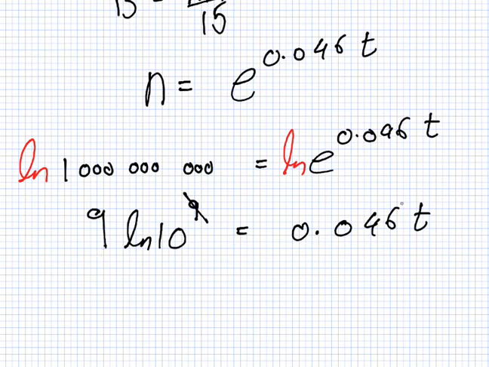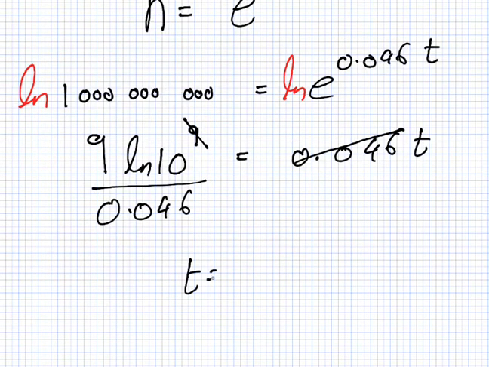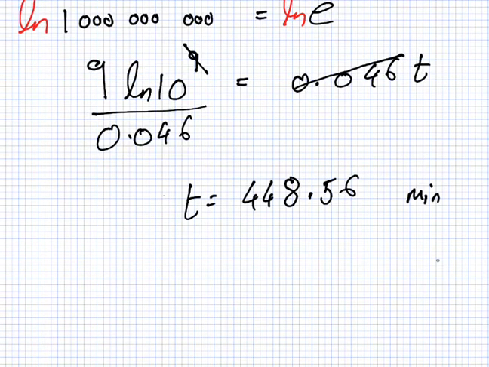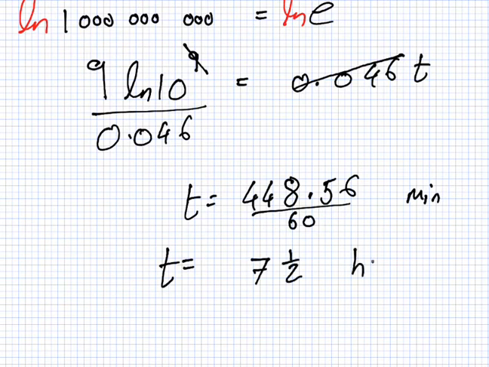So t equals 9 log 10 over 0.046. 448.56 minutes. So divide that by 60. Tell me how many hours that is. About 7.5 hours.